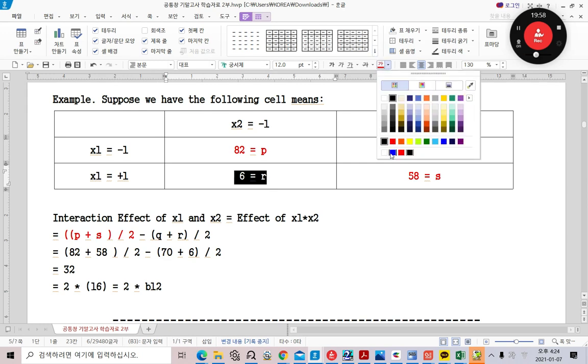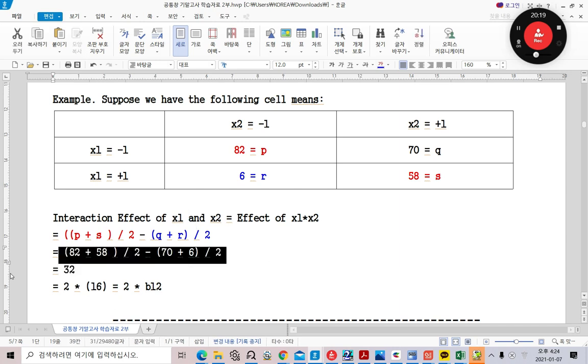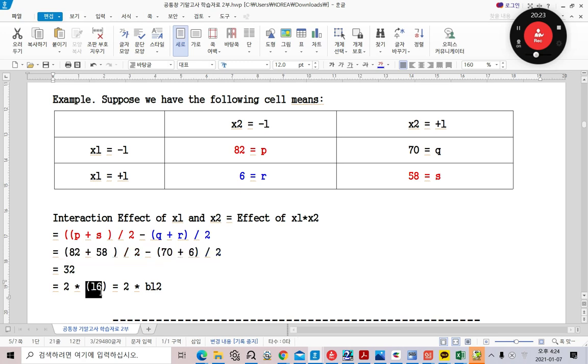Okay, so it is 82 plus 58 divided by 2 minus 70 plus 6 divided by 2, equal to 32, which is 2 times 16, which is 2 times B12.